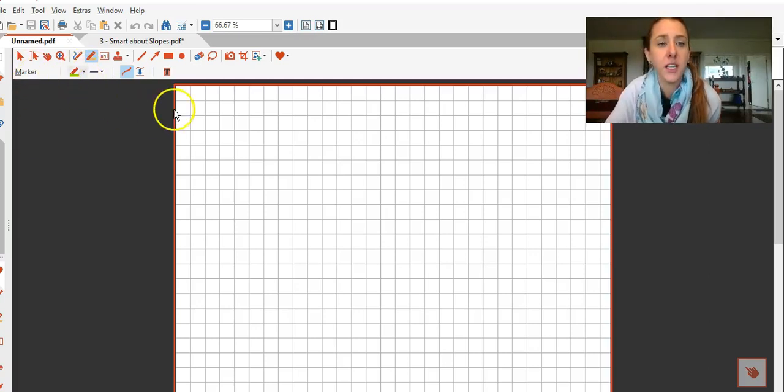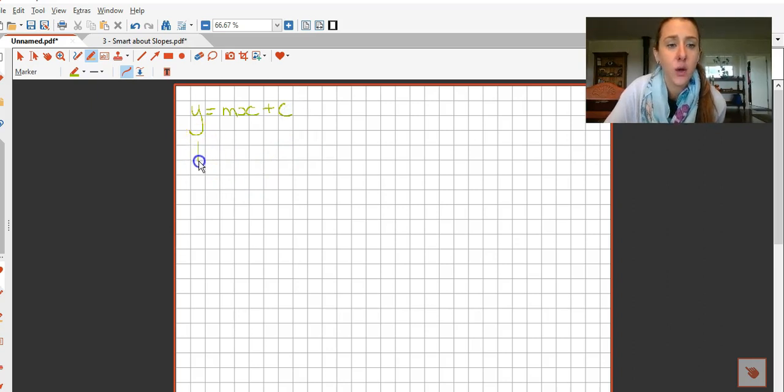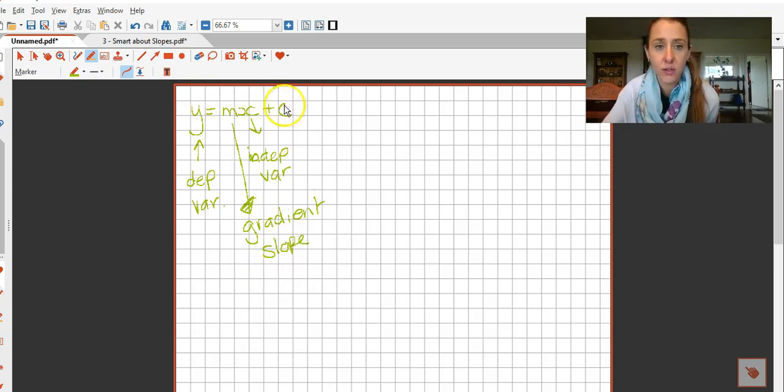Okay, so I want to refresh again and talk about something that is really important. So we know that our formula for a straight line is y equals mx plus c. So y is our dependent variable. X is our independent variable. M, of course, we've talked a lot about, is our gradient, or the slope, or the rate of change, all of those things.